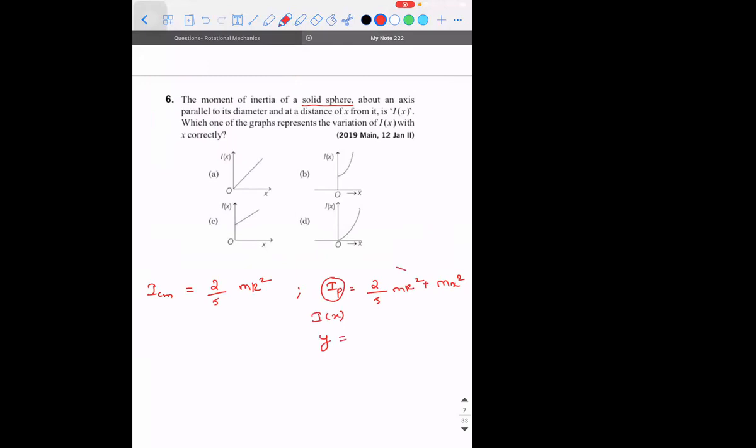So y is equal to some constant plus m into distance square, that is x square. So y is equal to x square represents what? It's an upward parabola. Right? So the first and second options are eliminated. I have to look at B and D. Which one is right?